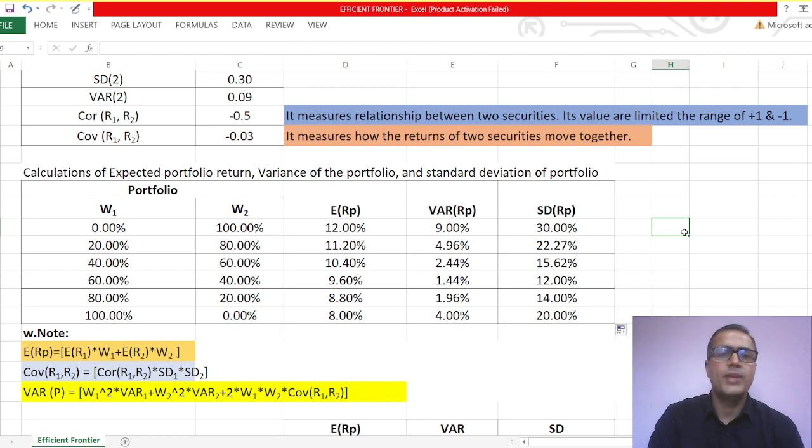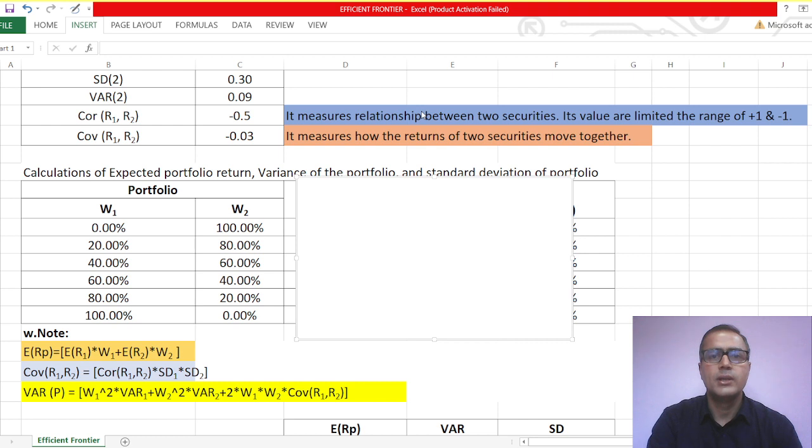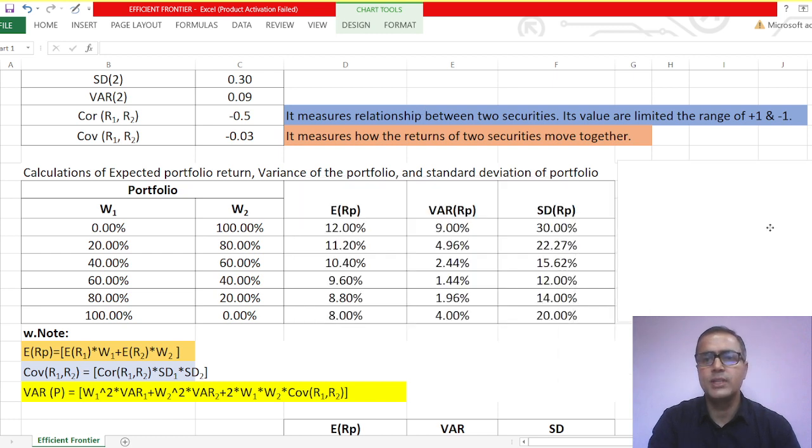Now, a very important concept is the efficient frontier, if we could draw it. For that you just go to Insert, then click here, and select the scatter with smooth lines and markers. I try to draw this efficient frontier here.